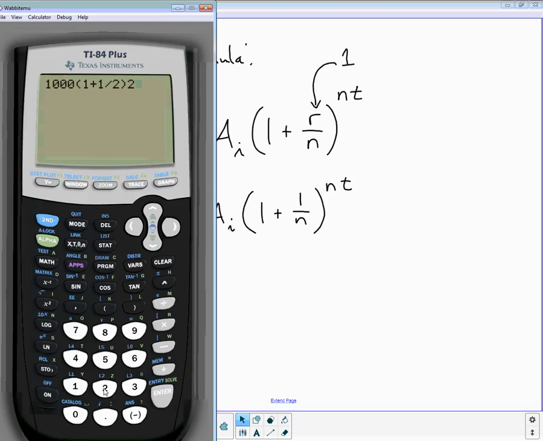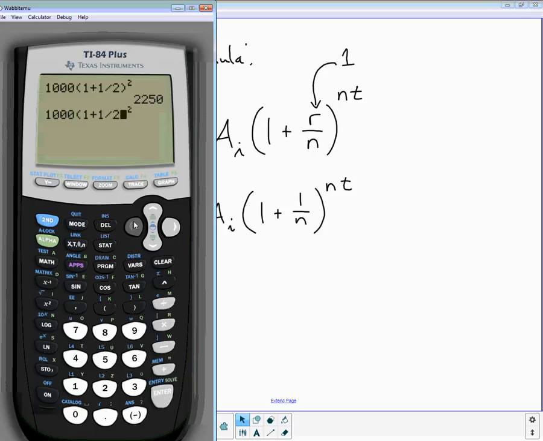I'm going to let it go for a full year, so t is 1. I'll make a little bit more than double my money. Whereas just straight up compounding it one time only gave me 2,000, right? Are we cool?